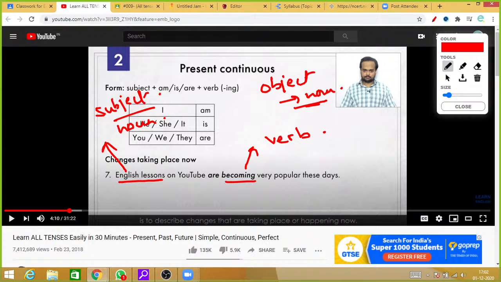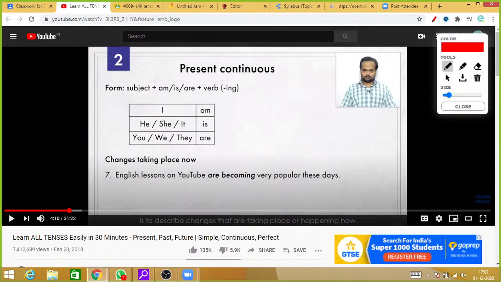We'll talk about that again later. So English lessons are the noun. Forget about subject object. Let's just think about this is the noun. So what is happening to this noun? It is becoming popular. Very popular. Becoming is the verb.